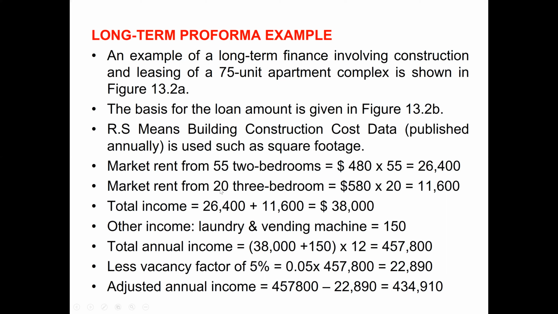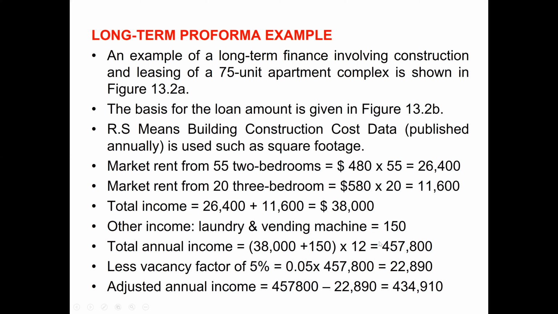Then the rent from the 20 three-bedroom apartments: the rate is $580 per month, as we have seen before in the previous slide. We multiply by 20, so for all the apartments it becomes 11,600. We add this up, and total income will be 38,000.